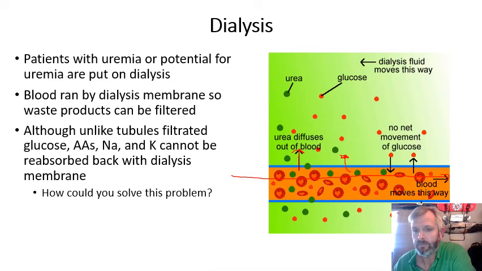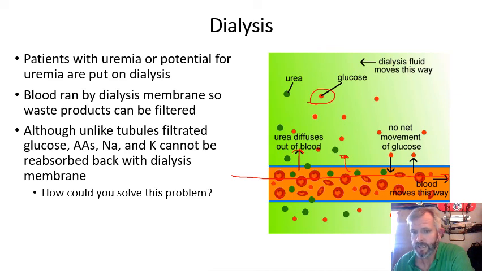But if we keep physiological levels of, say, glucose, of sodium, potassium, okay, then there is no concentration gradient, and what will take place? There won't be any net movement of glucose. So that is how we solve this problem, because we don't have the ability to reabsorb.